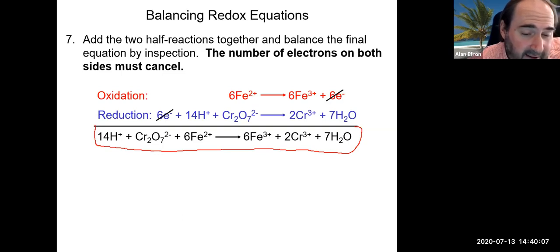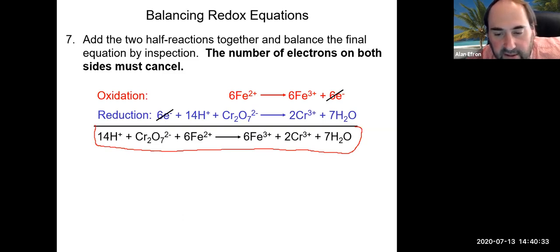That says 26, and a minus 2 is plus 24 on the left-hand side. 6 times 3 is 18 positives on the right, and 6 more is plus 24 on the right-hand side. So again, this would represent the balanced equation for this reaction in acidic solutions.